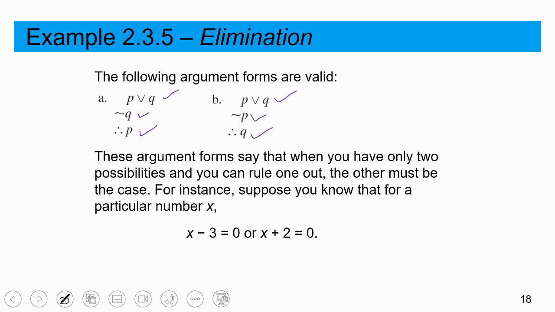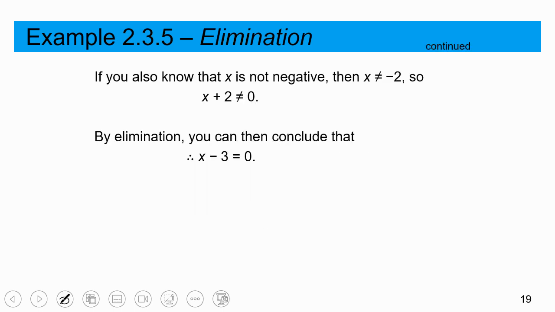Suppose you know that for a particular number x, x minus 3 equals 0, or x plus 2 equals 0. If you also know that x is not negative, then x is certainly not equal to negative 2. So x plus 2 can't be 0. So by elimination, you conclude that x minus 3 must equal 0.